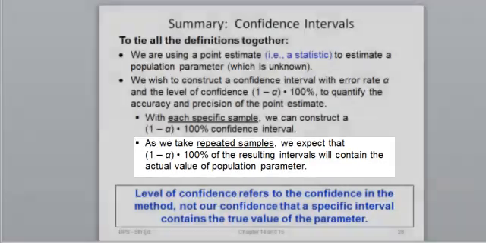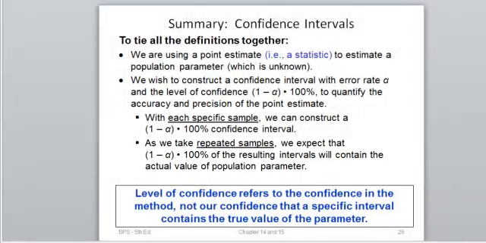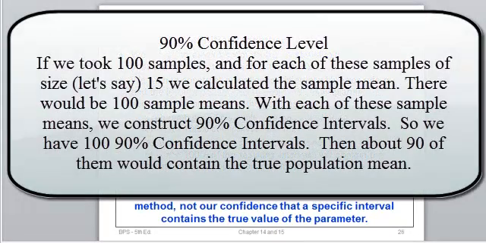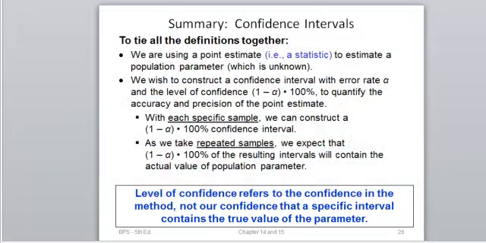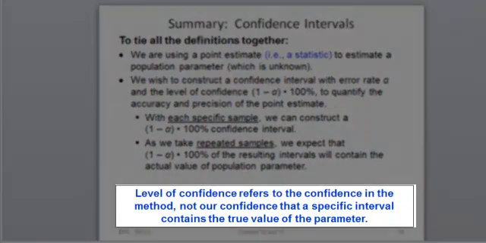So in other words, if we're doing a 90% confidence interval and we create these intervals over and over again using different samples, we would expect about 90% of the intervals to contain the actual population parameter. So the level of confidence refers to the confidence in the method, not our confidence that a specific interval contains the true value of the parameter.